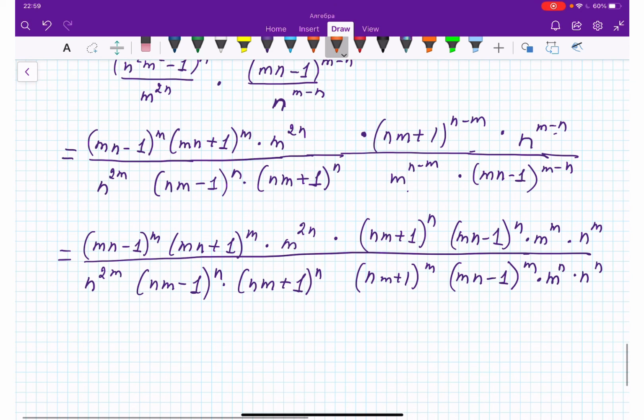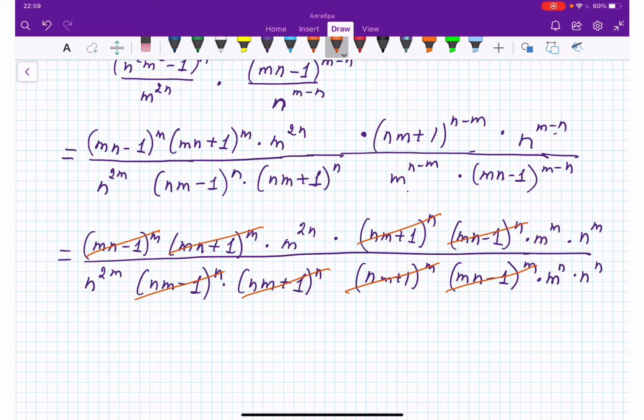Okay, so let's see what is disappearing. (mn + 1)^m, oh, this one is gone, right? (mn − 1)^m, this one is gone with this one. (nm + 1)^n, this one gone, and this one gone with this.